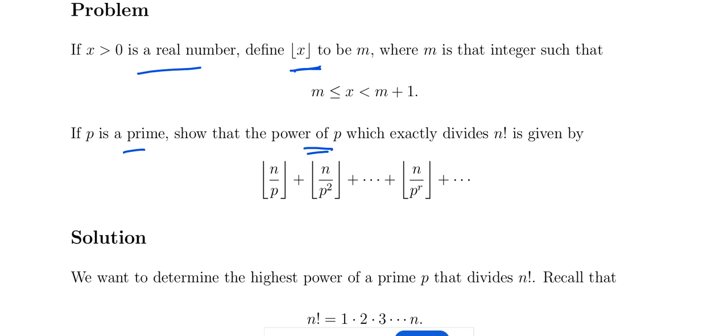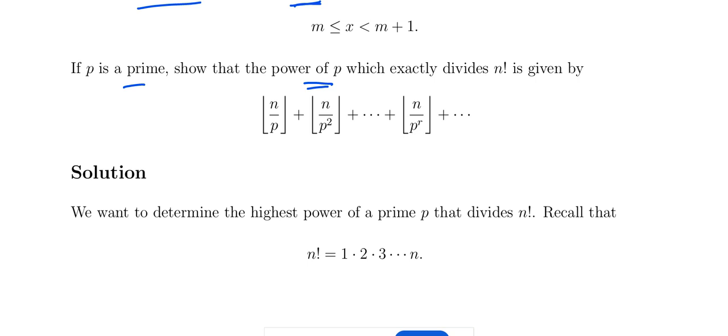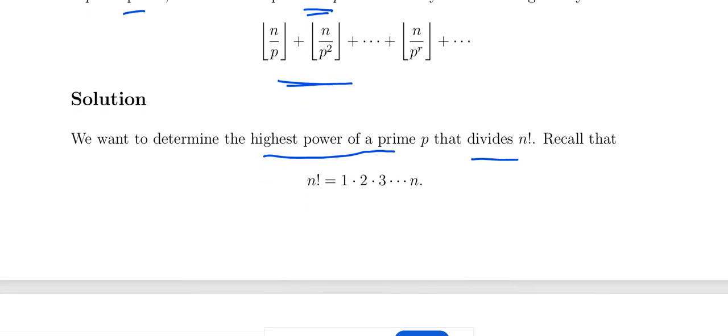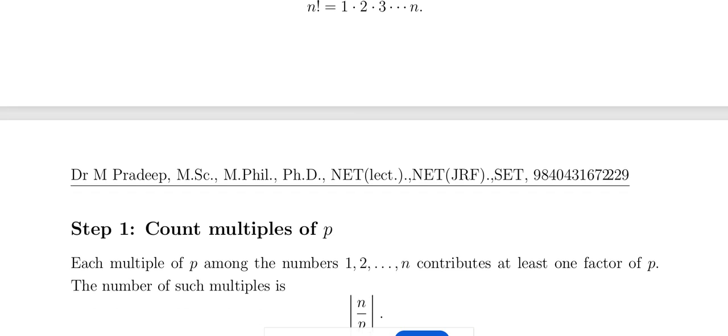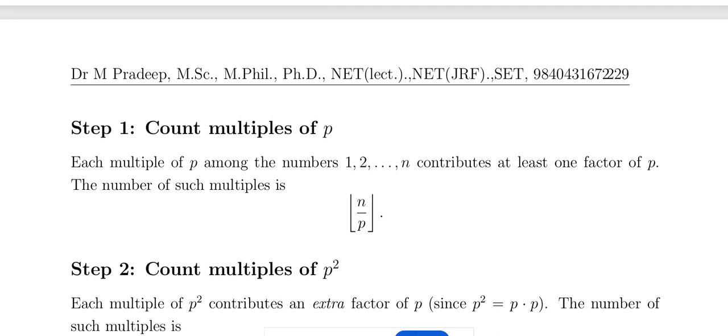n by p plus n by p square plus and so on, n by p power r plus and so on. The power of p which exactly divides n factorial is in this form.